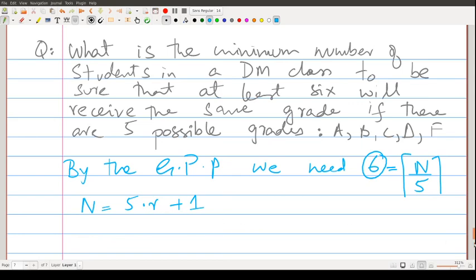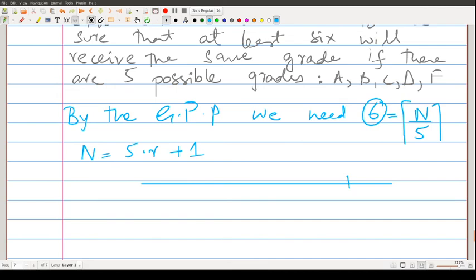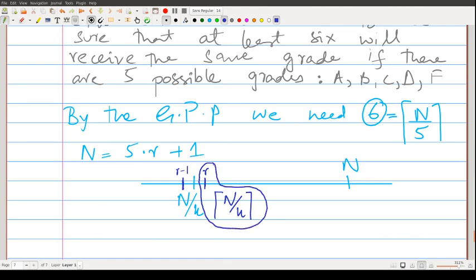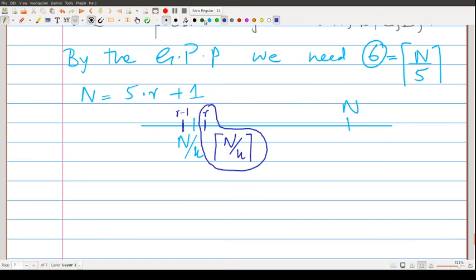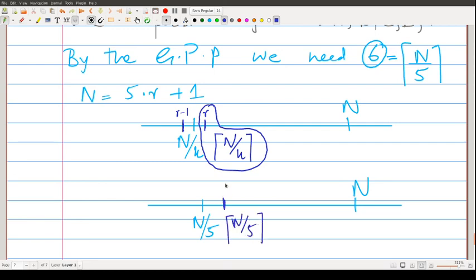You can think of this in a way that you have n students and k grades. So let's say n upon k is going to be some number, and what you're looking for is the ceiling of n upon k. If this is some decimal expansion between integers r minus 1 and r, then you're looking for this integer, right? So we're looking for an n such that the ceiling of n upon 5 is equal to 6, since r was 6.